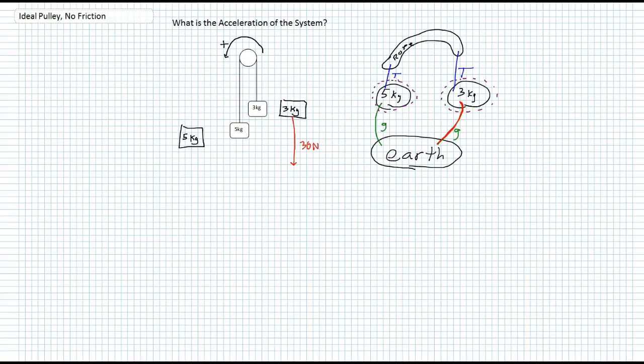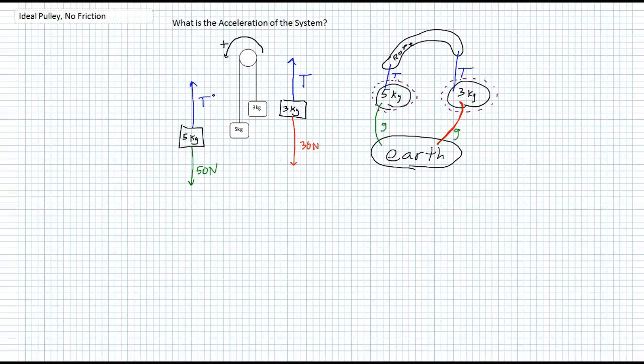And for the 5 kilogram object, I've got 50 newtons from the gravitational force. And the rope is going to be pulling this object up, and the rope is going to be pulling this object up.